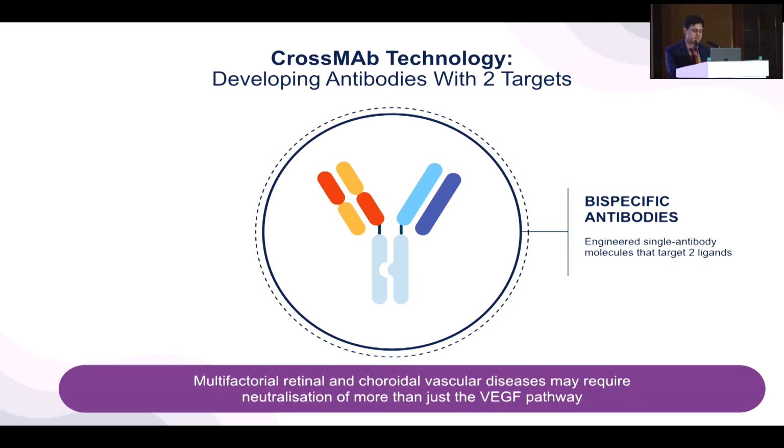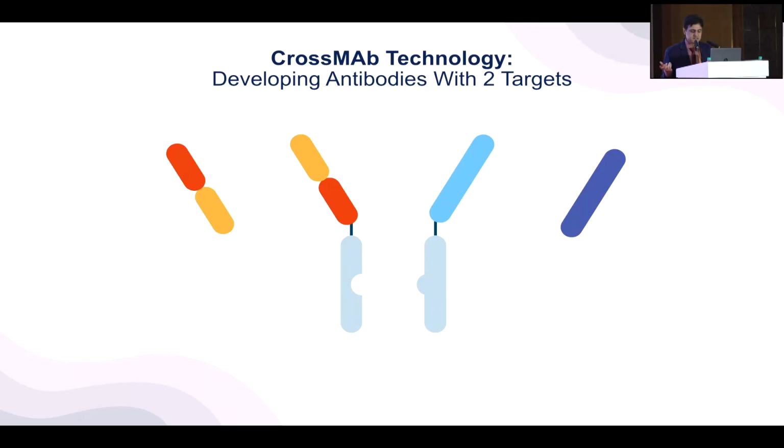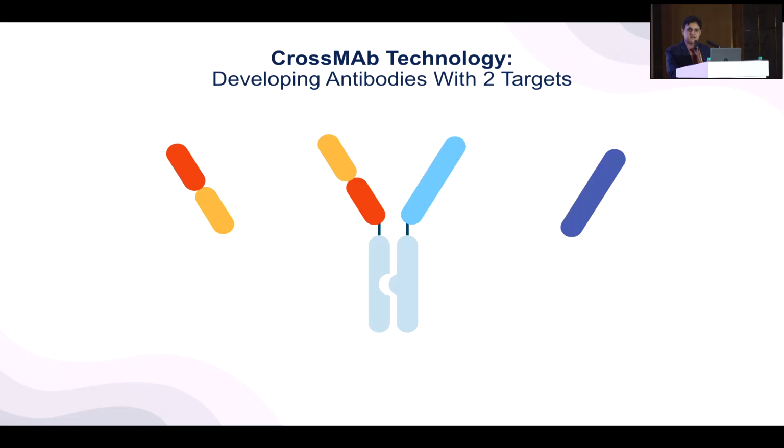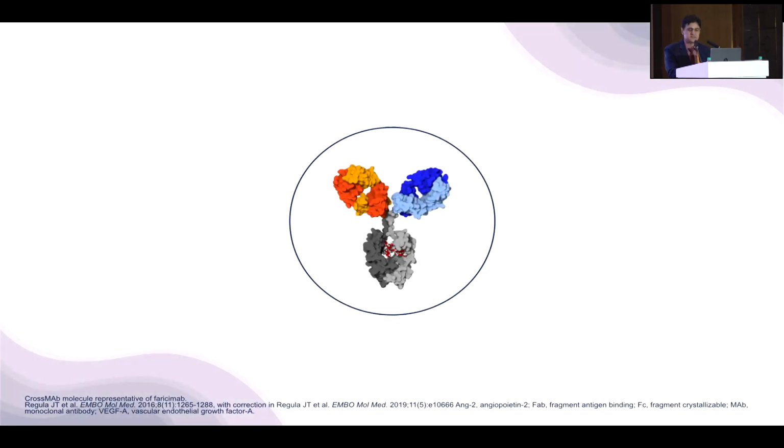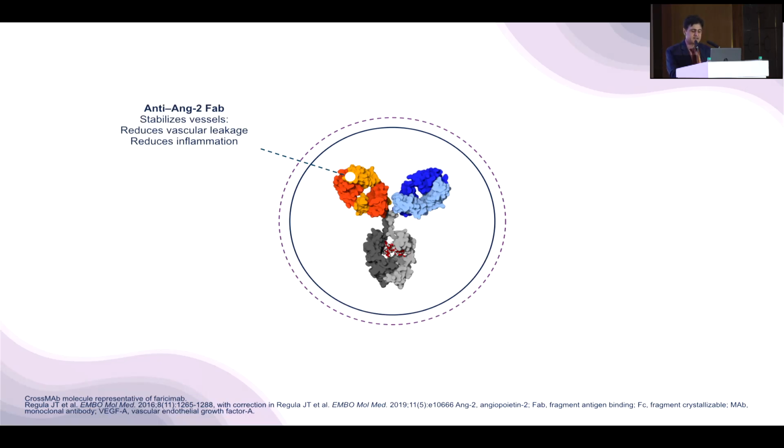There are 2 fragments in an antibody, the Fc fragment and the variable fragment, that is the Fab fragment, and there is a heavy chain and a light chain. They use this technology to create this bispecific molecule against Ang2 and VEGF.